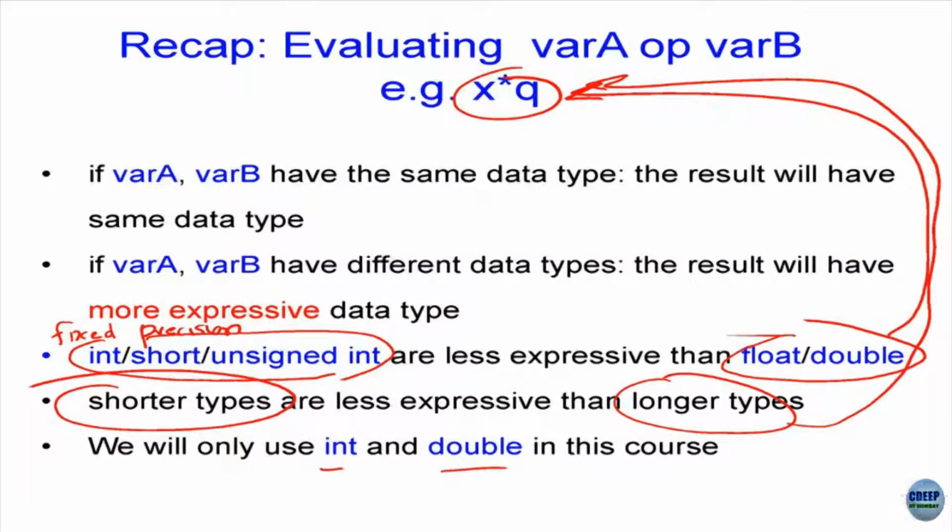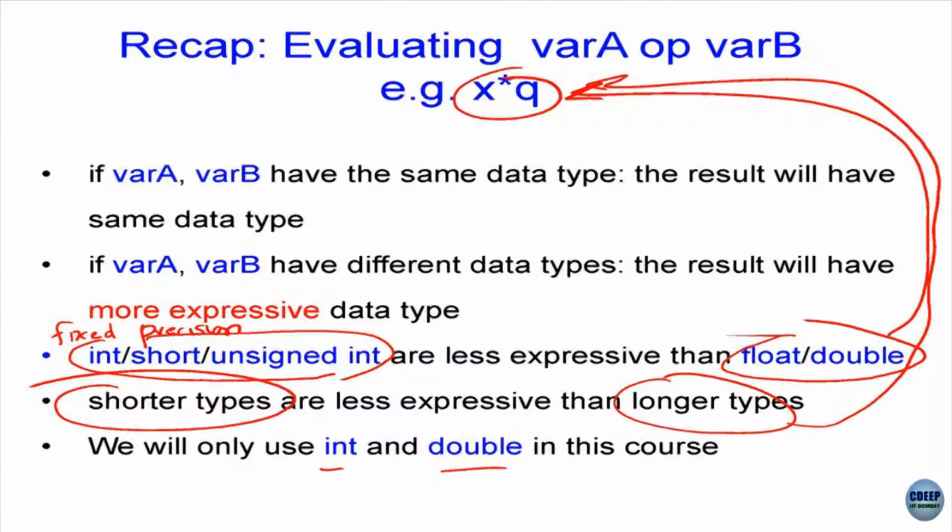So recap from the last class. In the last class we talked about types of variables, and if variables have different data types, what the implication is on the outcome of computation. So x into q.